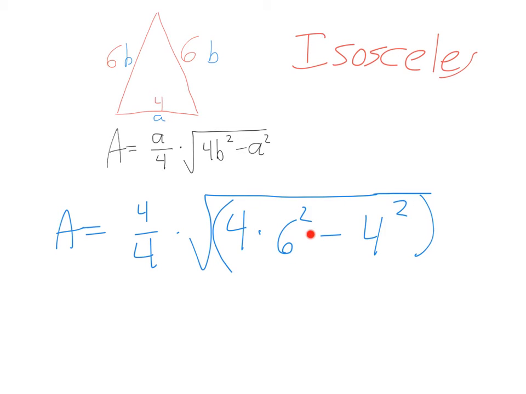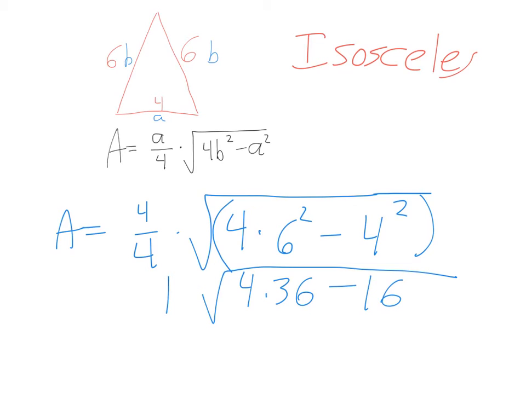I need to do my exponents first, so I will have 4 times 36 minus 16, all inside the square root. Out here, 4 divided by 4, I can just make that a 1 times, because that's easy. So A equals, and I don't have to write the 1 times anymore, the square root of 4 times 36 minus 16.